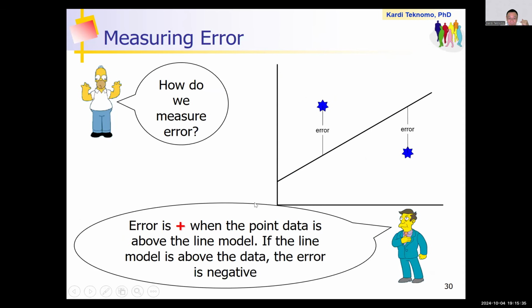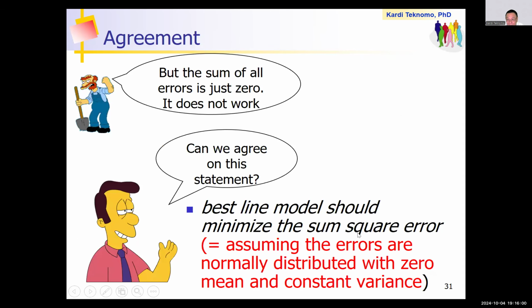When we measure it this way, error is positive when the data point is above the line and negative when the data point is below. When you measure it this way, you get least square, because you want to minimize the sum of squared errors.